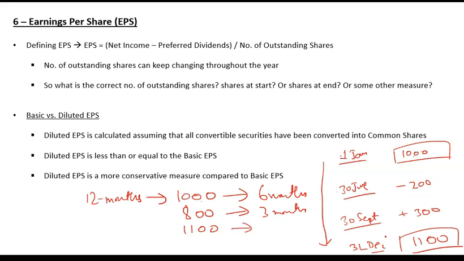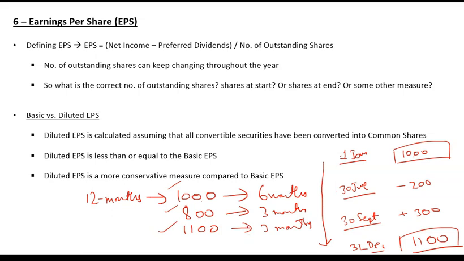And then for rest of the year, that is 3 more months, it remained 1100. So for first 6 months, number of shares was 1000. Next 3 months, number of shares was 800. And last 3 months, number of shares was 1100.